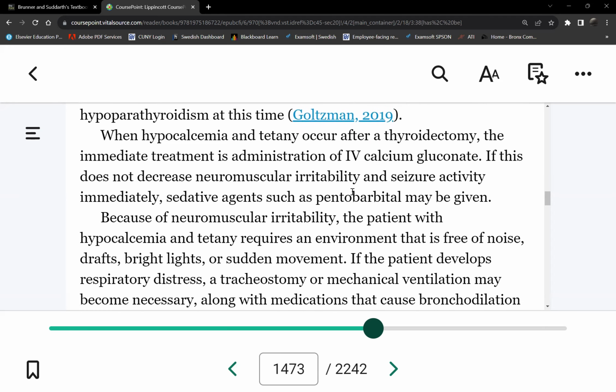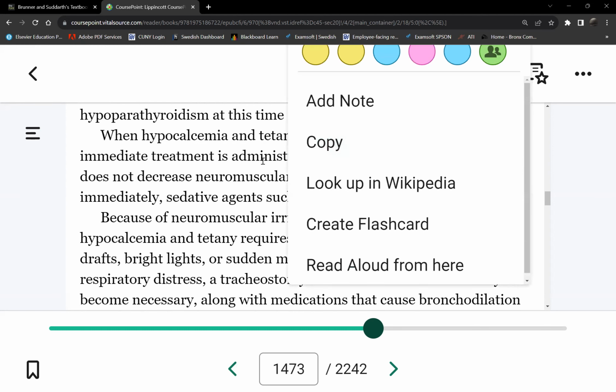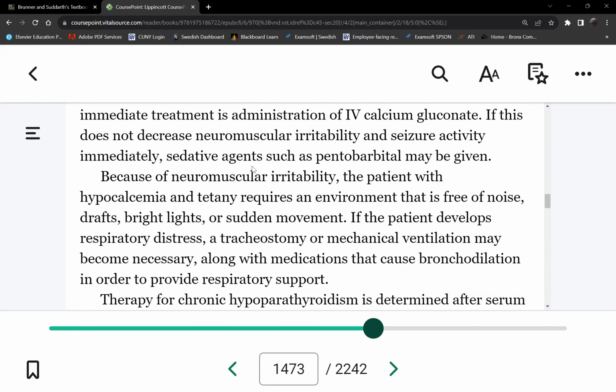What else do we give? If the cause was from thyroidectomy, then we give IV calcium gluconate. It's an emergency. Tetany is an emergency. And again, seizure precautions.